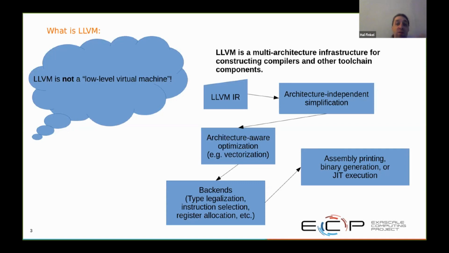It then undergoes architecture-aware optimization, such as vectorization. There are various backends that then take the result of that and transform that IR into machine code by doing instruction selection and register allocation and all of that. And then once that process is complete, the code gets transformed into assembly code or binary, or for appropriate targets can be just-in-time compiled and executed in process.